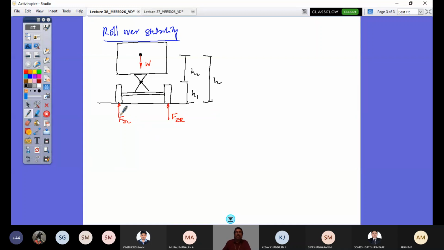And what is tread or track is this distance t along the lateral direction. You measure wheelbase along the longitudinal direction. You measure track, or tread as it is called, along the transverse direction, along the y-axis in the vehicle.